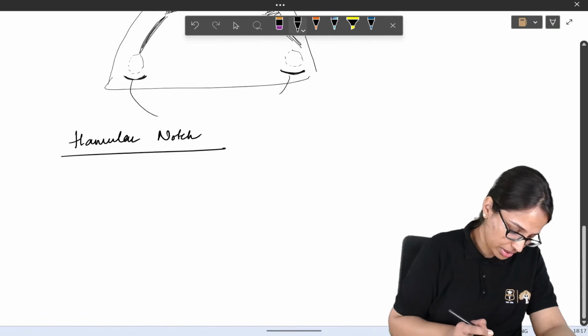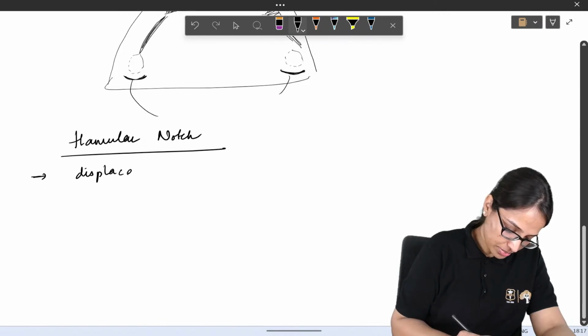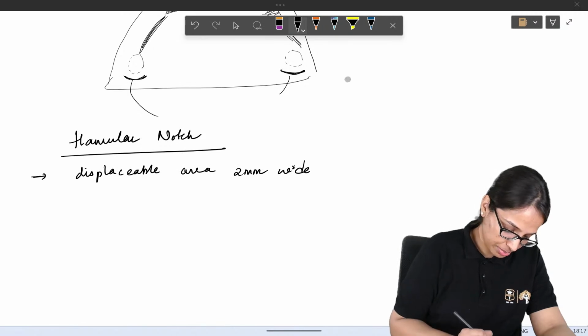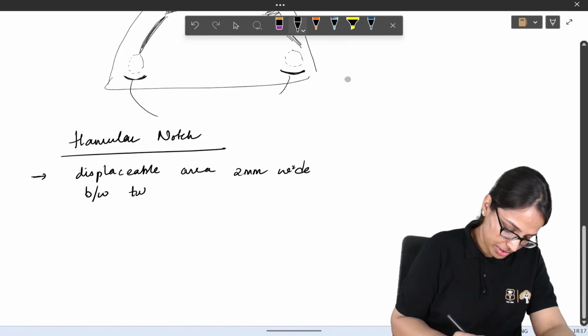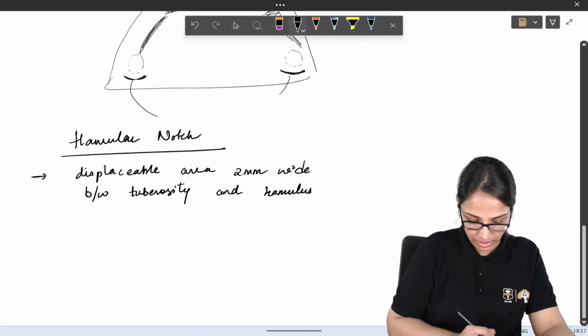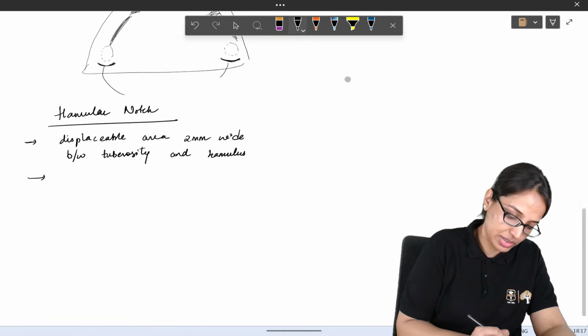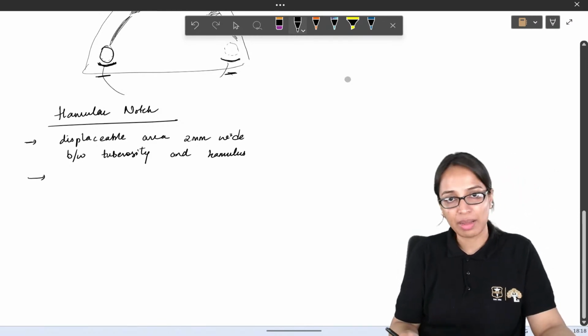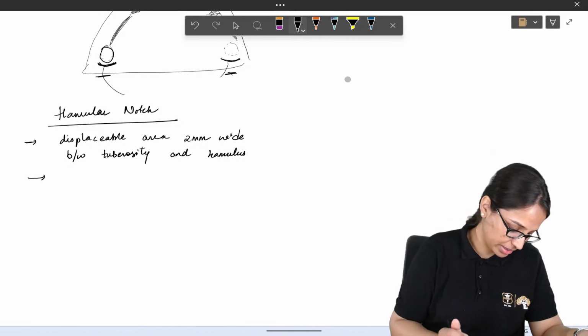It is the notch or displaceable area, about 2 millimeters wide, present between the tuberosity of the maxilla and the hamular process of the pterygoid plate. That area between the hamulus and the tuberosity anteriorly is called the hamular notch. It is your posterior limiting area of a denture.